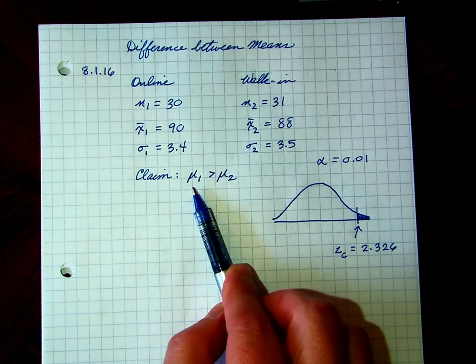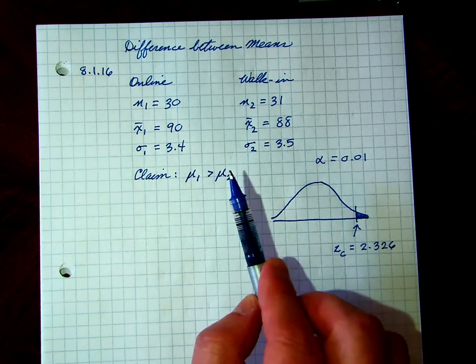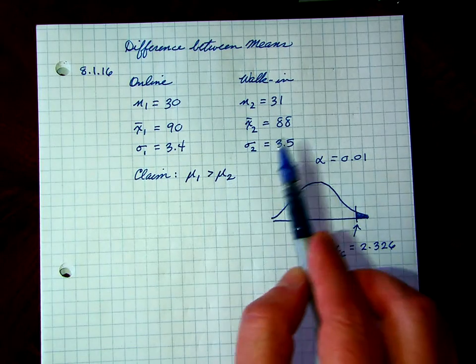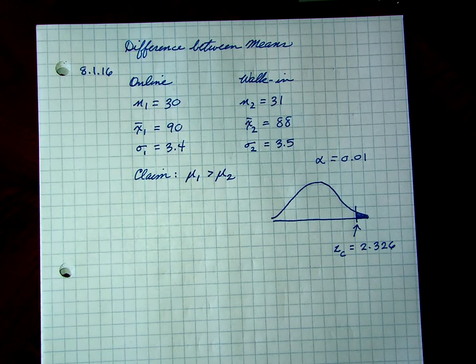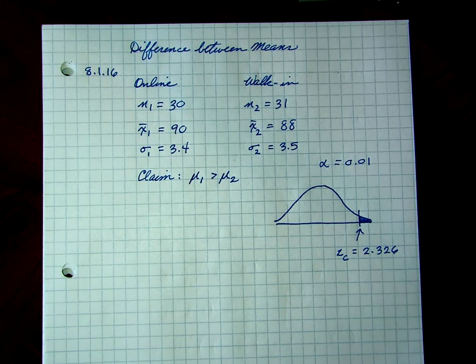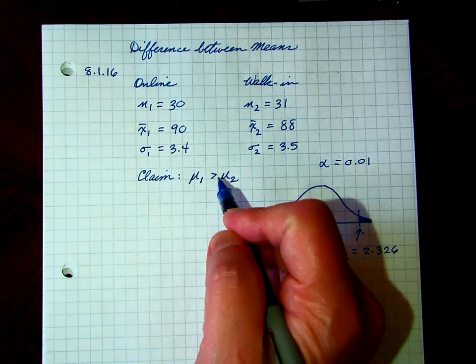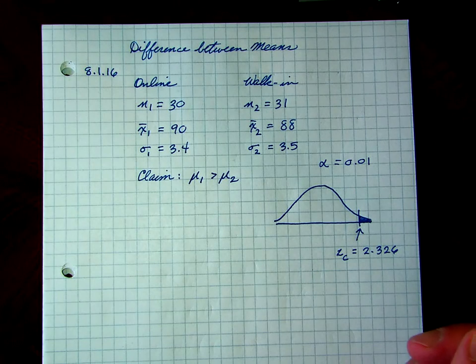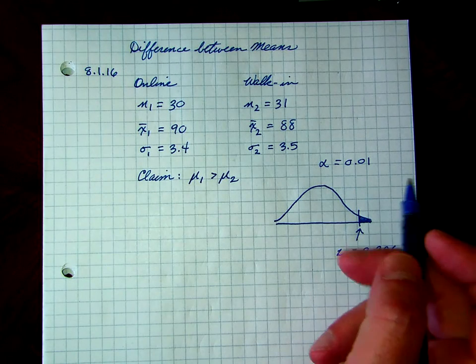mu1, the satisfaction level of online shoppers, is higher than mu2, the satisfaction level of the population of walk-in customers. This is an incautious way to state this because automatically this can't be the null hypothesis. The null hypothesis needs equality.